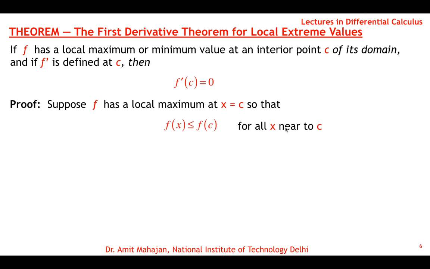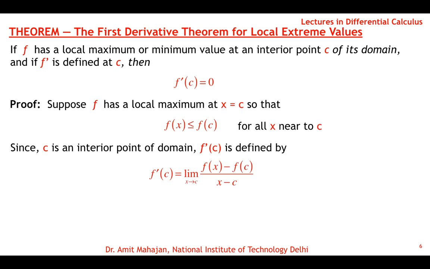So if I consider any open interval containing c, then the function value at c must be greater than or equal to all function values for all x belonging to that interval. Then, since c is an interior point of the domain, it is given.